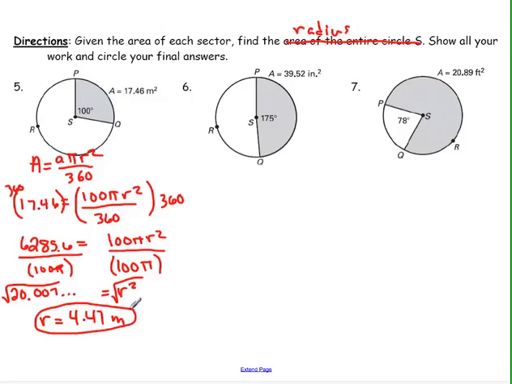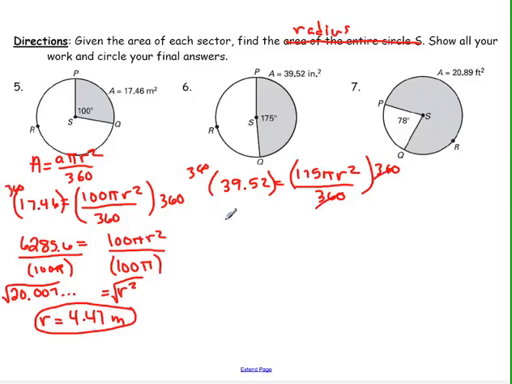Okay, so that's where we're at. For this next one, we'll work on the same process. It's the exact same process for these next two. So we have our formula. We'll say 39.52 is going to equal 175 pi times r squared, divided by our 360 degrees. We'll multiply both sides by 360. I'll just draw these in here. Multiply by 360 over here, multiply by 360 over here. That'll get your 360s to cancel.